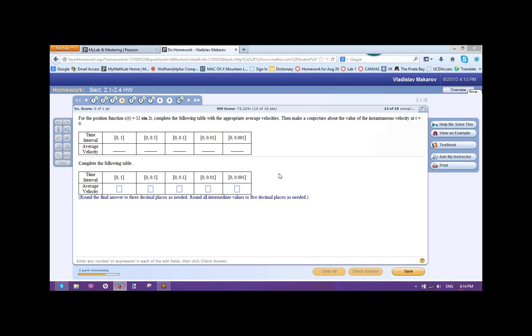But I can go ahead and check all my other answers just in case, real fast. Well, hold on a second. There's one more part to this: make a conjecture about the value of the instantaneous velocity at t. But it doesn't look like it's going to let you do that until you answer these.